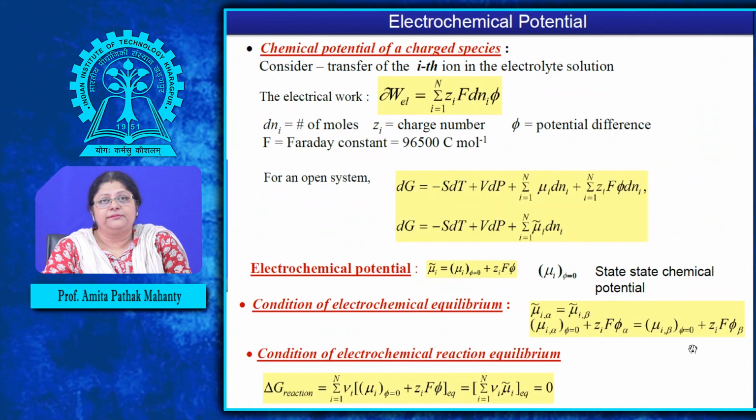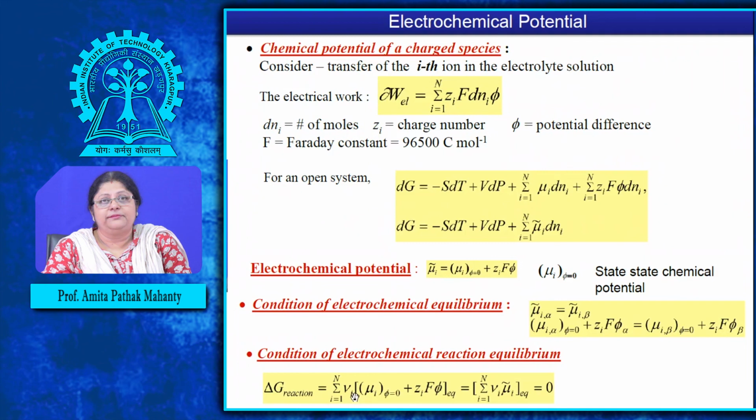And what is the condition for reaction equilibrium? If you had no charges, then we had taken mu i summed over all the species i to be equal to what is defined as the Gibbs reaction, delta G reaction.